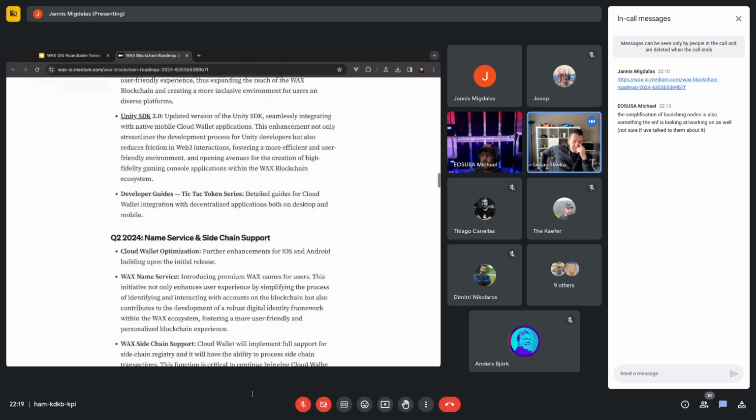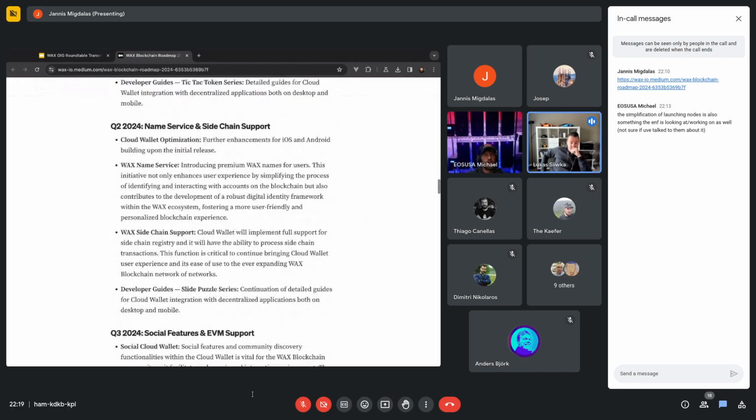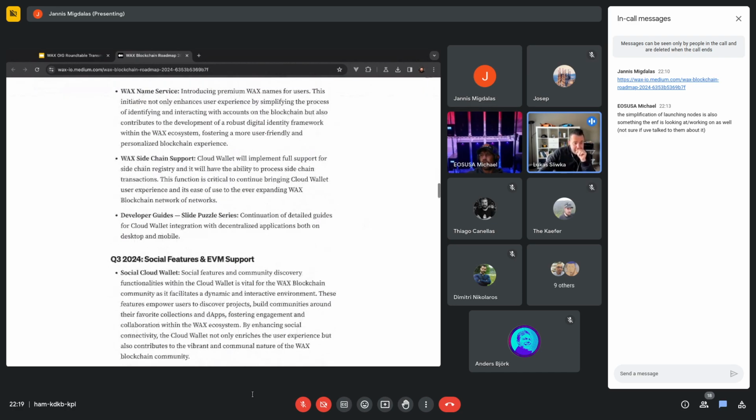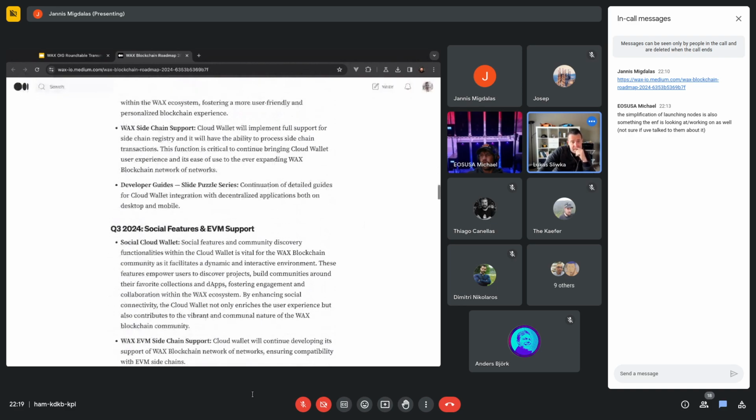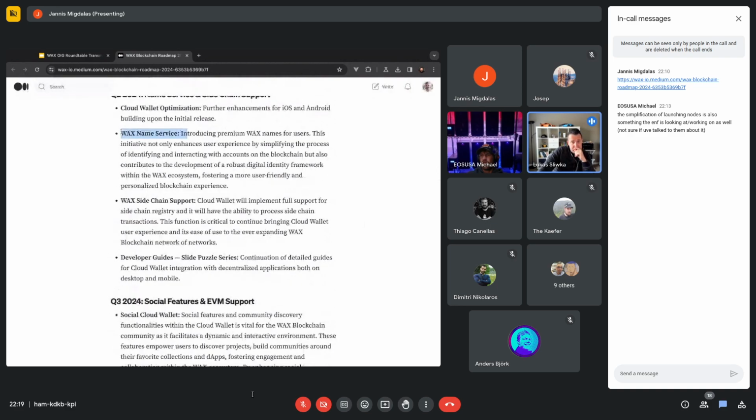And then when it comes to other projects, we want to kind of dig into a better Wax name service, so we can talk about that. And then doubling down on social features.